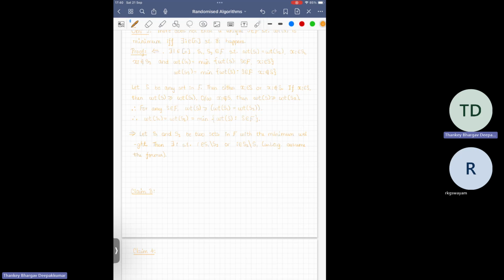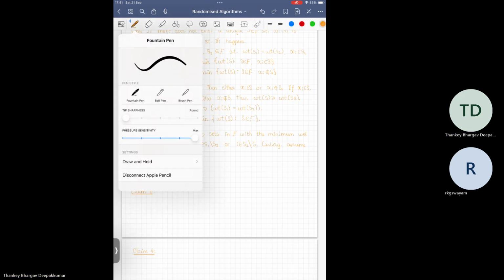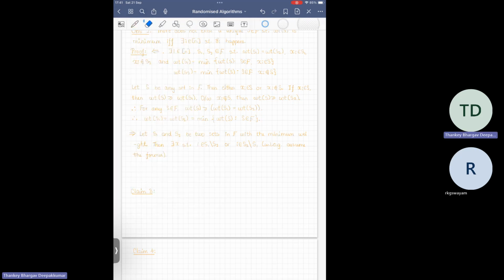Then, since S1 and S2 are different, there must exist an xi. I'm using xi for elements. So there must exist an i such that xi is in S1 but not in S2, or xi is in S2 but not in S1, right?